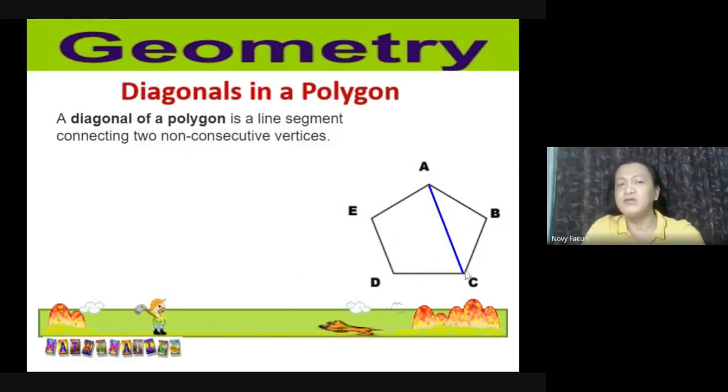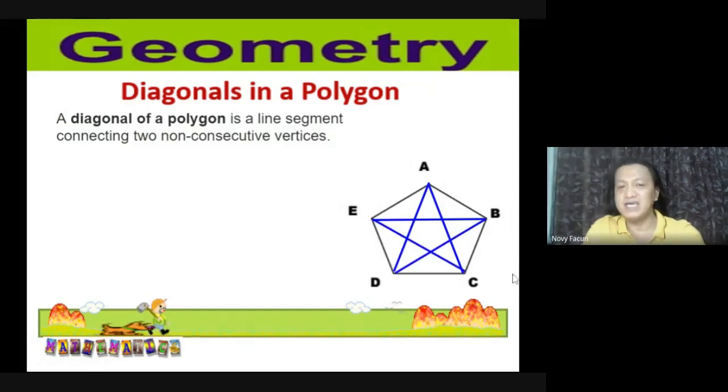So, two non-consecutive. Ibig sabihin, hindi pwede yung AB kasi nga consecutive siya. And we also have AD. Next, we also have EB. Next, we also have BD tsaka EC. Okay, therefore, you can now determine the diagonals of a polygon. So, makikita na natin yan.